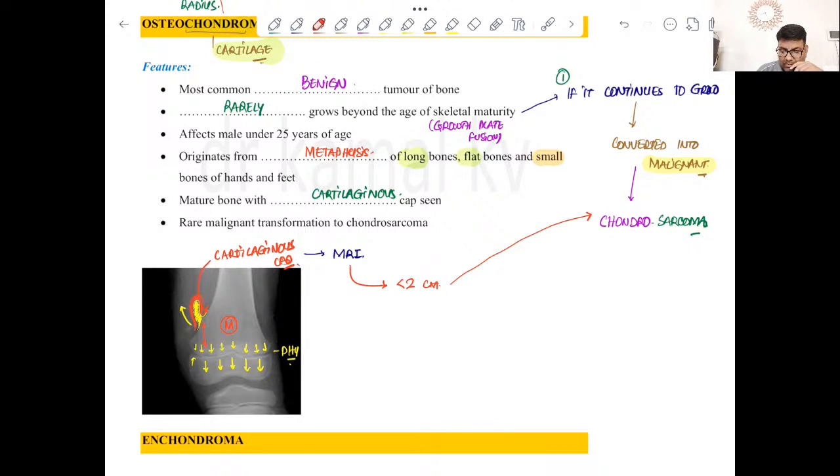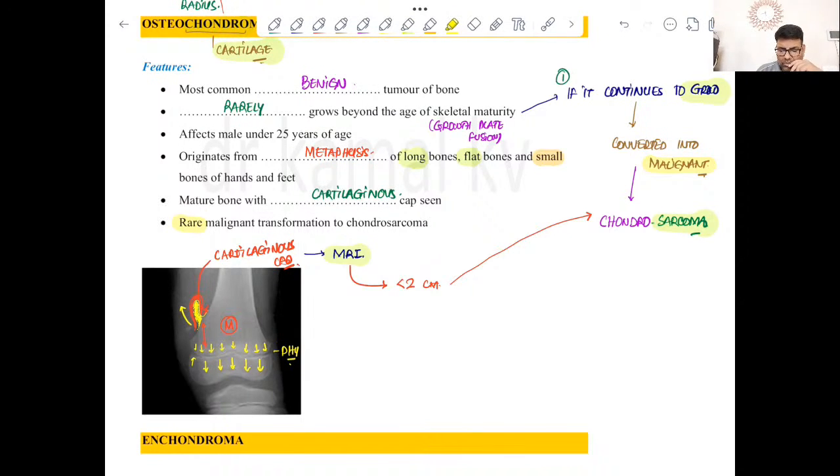So again, there are two indicators for us to clinically check whether the condition is still benign or has undergone malignancy. So one is if it continues to grow, this is a clinical fact, and second is you do MRI and look for the thickness of the cartilaginous cap. If it is more than 2 centimeter, you can straight away say that yes, this condition has now become malignant, that is, there is development of chondrosarcoma, right? Otherwise, in the majority of the cases, it does not undergo malignant conversion, right?